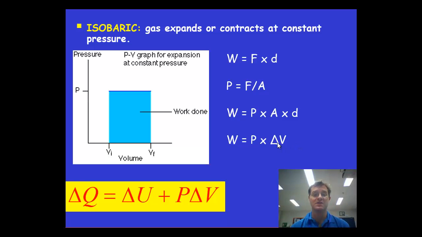Okay. So my work done is equal to the pressure times the change in volume, and that quite simply is the area underneath this line indicating the change in an isobaric process. Okay. So that's just joining the dots there, and we recognize that work done gives us the area underneath this change graph. So there's one process.